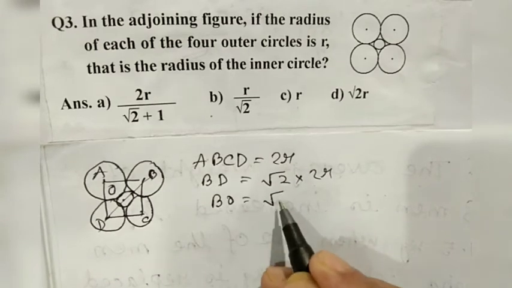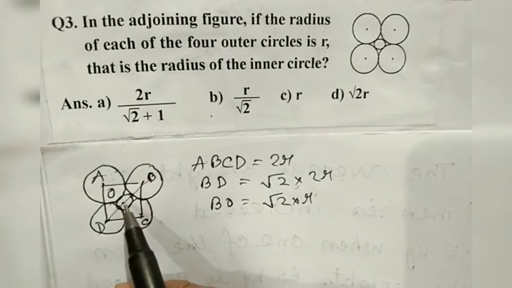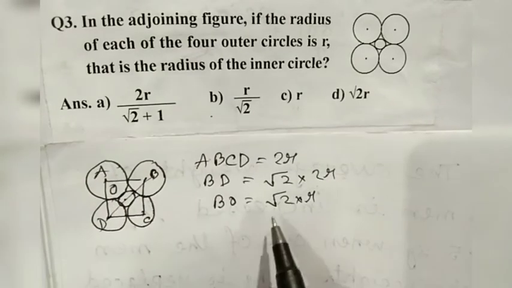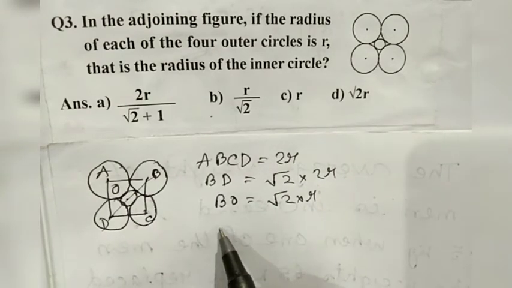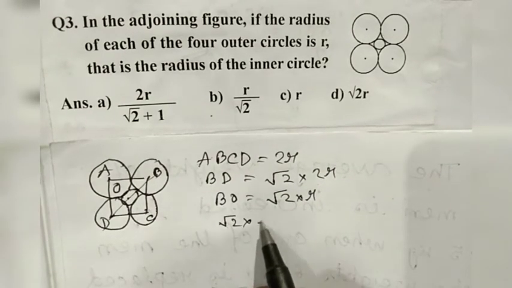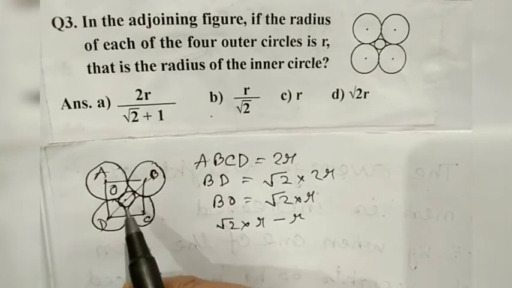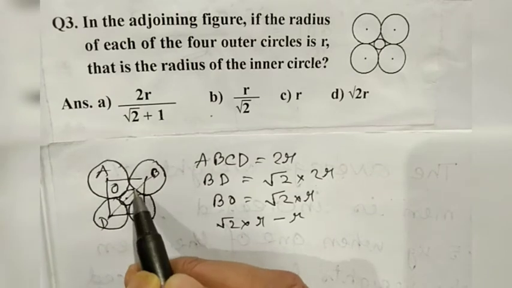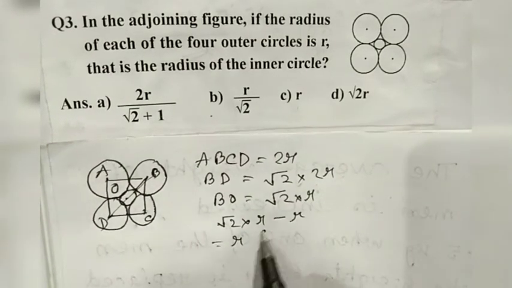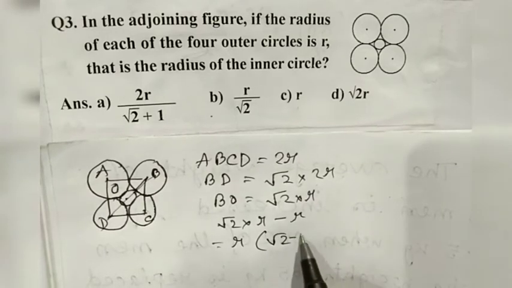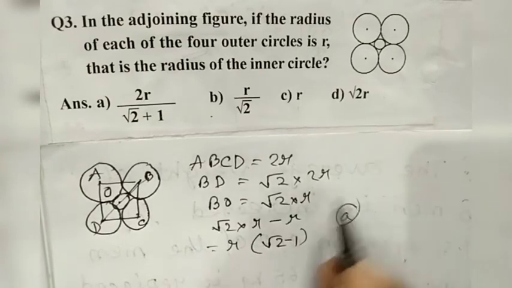The answer is root 2 into R. Then radius of inner circle is root 2 into R minus R. Common R, root 2 minus 1. The answer is A.